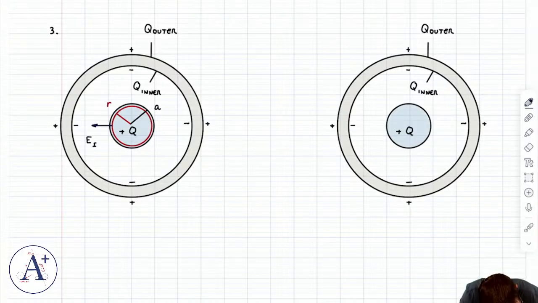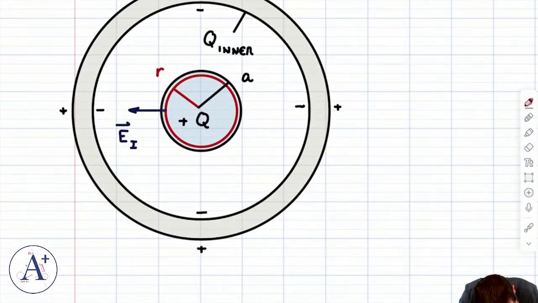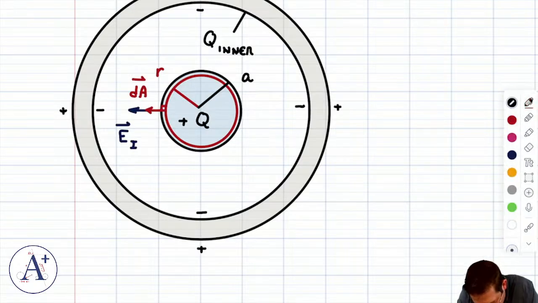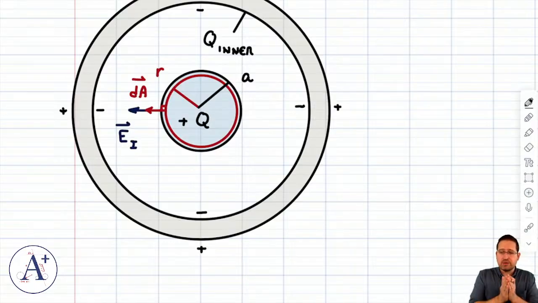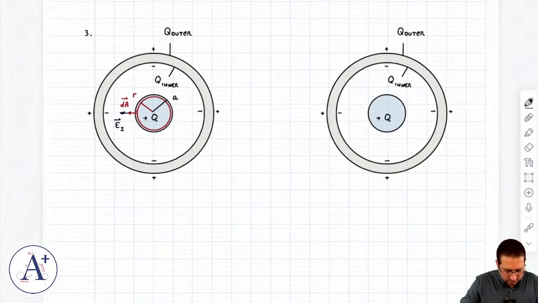As we might expect, the electric field E1 is going to be radially outward, and let's just zoom in for clarity. This is going to be dA. dA is the outward normal. This is the same symmetry as the point charge that we did before, right? So I think if you understood the point charge part, this shouldn't be too bad.